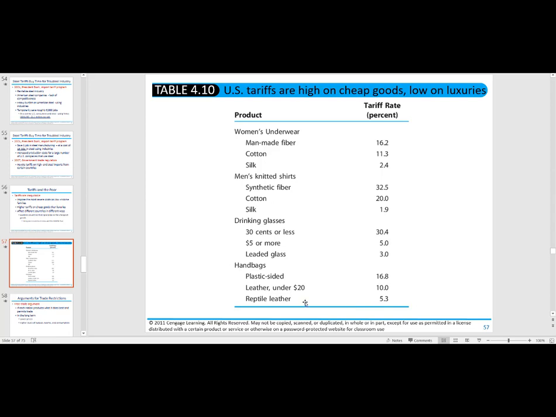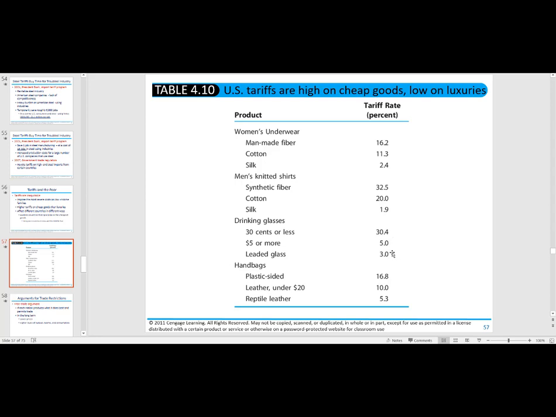Instead, if you buy the luxury ones made of, for example, reptile leather, the average tariff rate is merely 5.3%. Drinking glasses. If you buy the cheap stuff, 30 cents or less, these pay an average of 30.4% as a tariff. If you buy more expensive stuff, they pay on average 5%. And if you buy the lead glass, it's merely 3%.